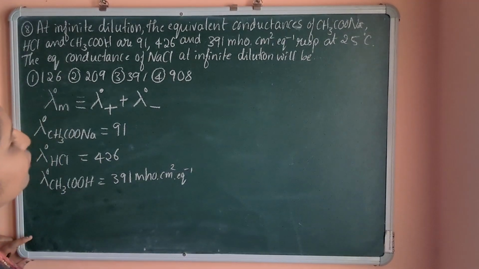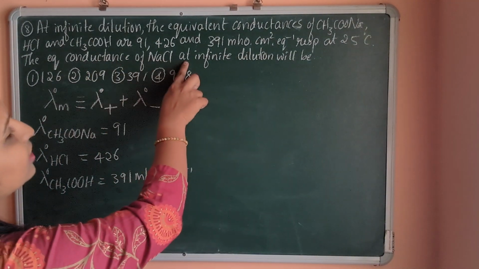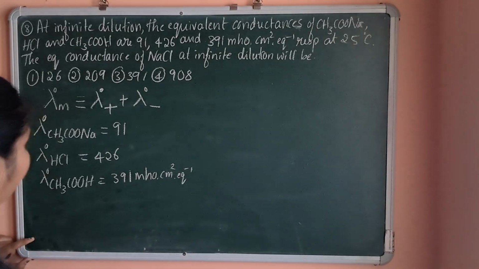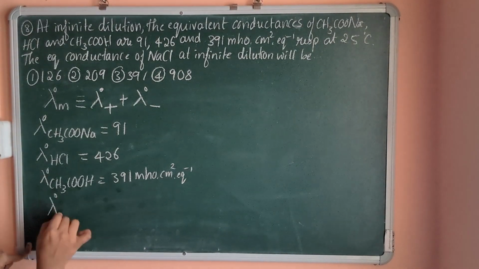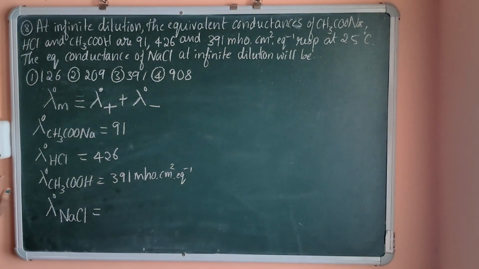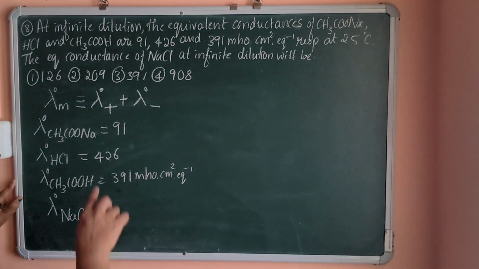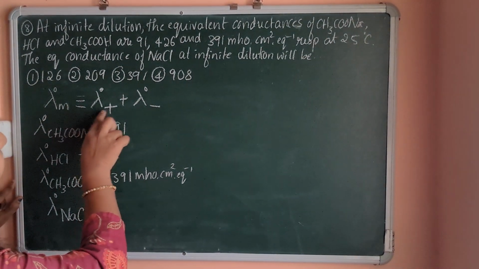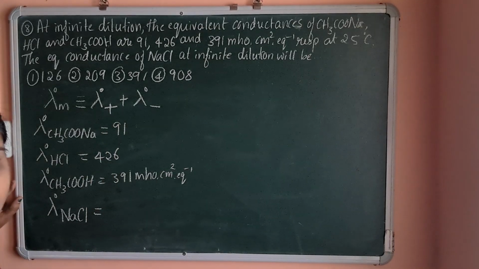And they are asking for the limiting equivalent conductance of NaCl. We have to calculate this. And just now, as I have said, the law is the independent migration of ions, so the sum of the independent migration of individual ions has to be taken.